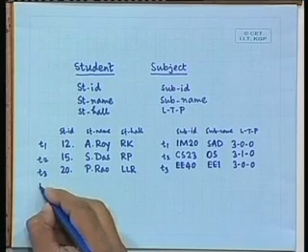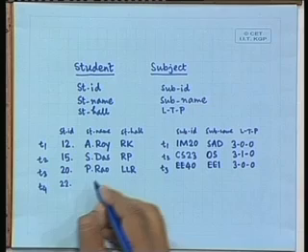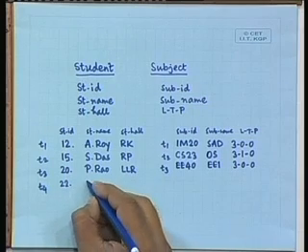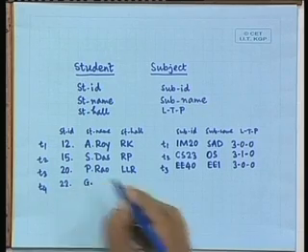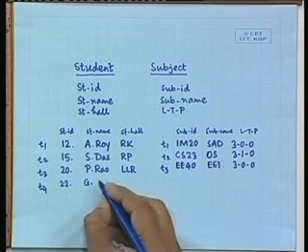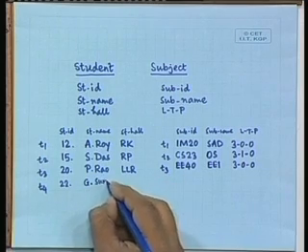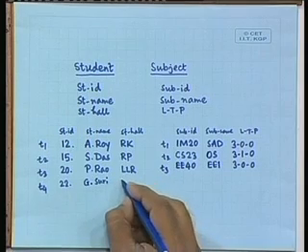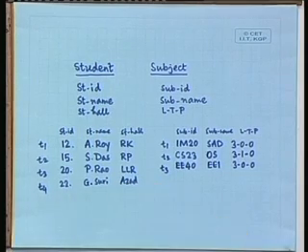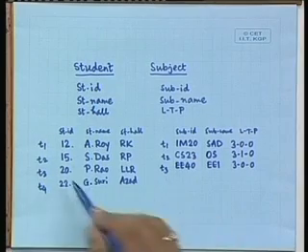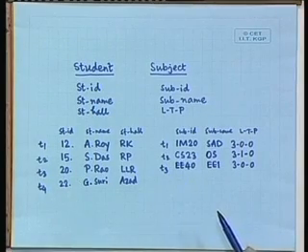You can also consider a 4th tuple, say roll number 22. Right. So, I have taken 4 tuples here and 3 subject tuples.